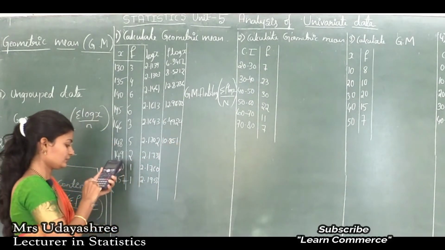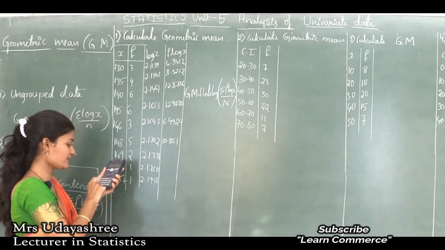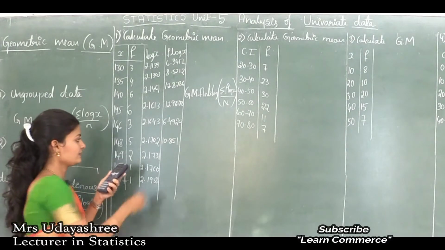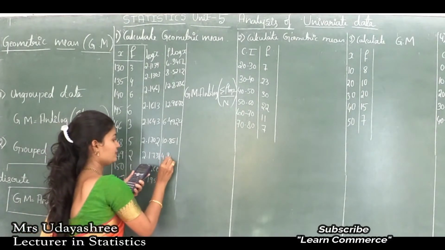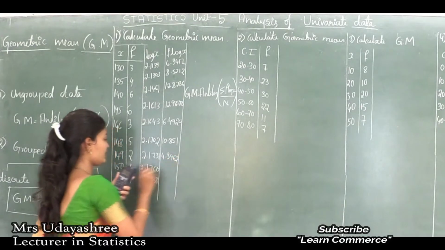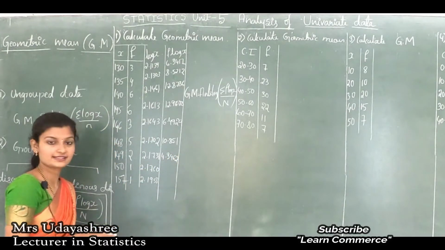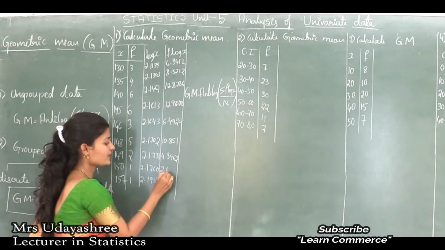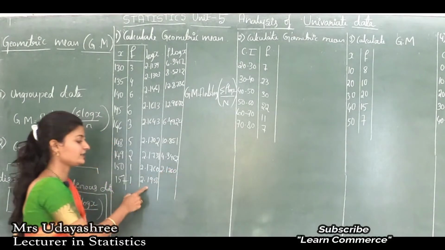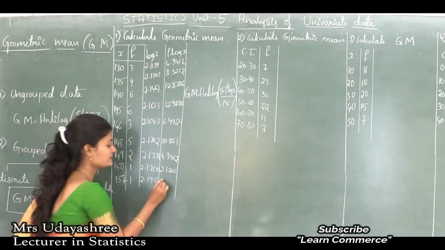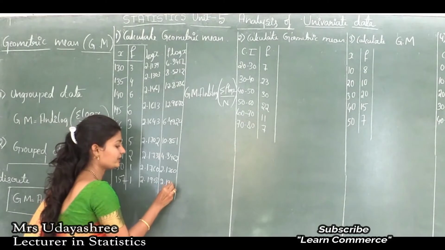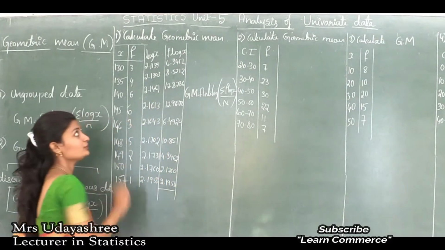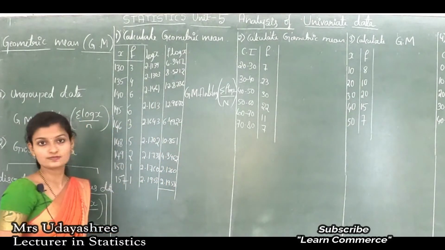Then 2 into 2.1731 is 4.3462. Then 1 into 2.1760 is 2.1760. Then 1 into 2.1958 is 2.1958. So these are the f into log x observations.